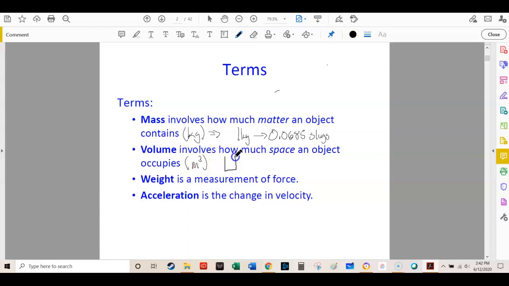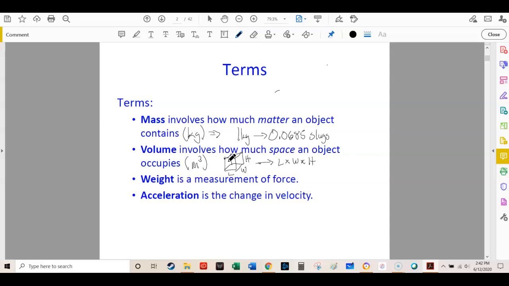If you think about a cube, it's got a length, a width, and a height. So that is length times width times height, and those are all measured in meters. That's what they're talking about when they talk about volume: the three-dimensional size of an object.